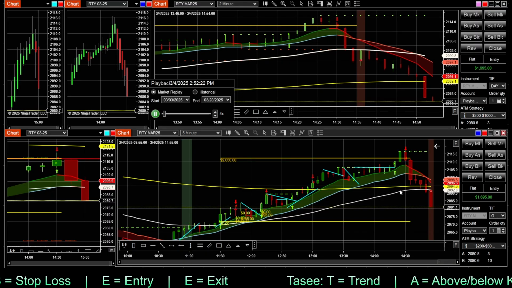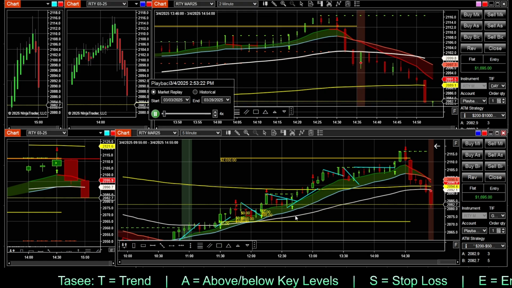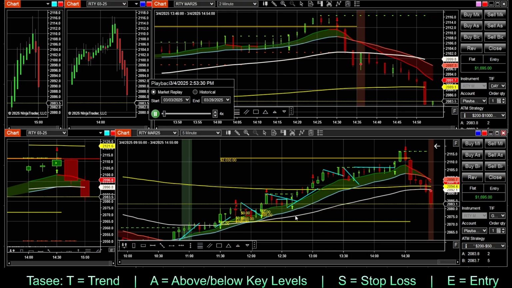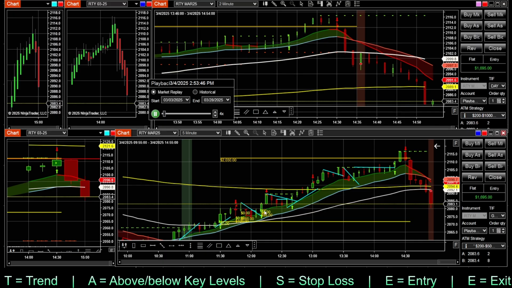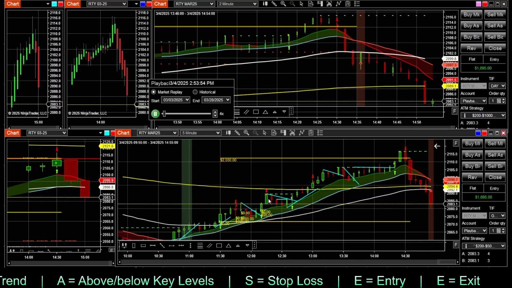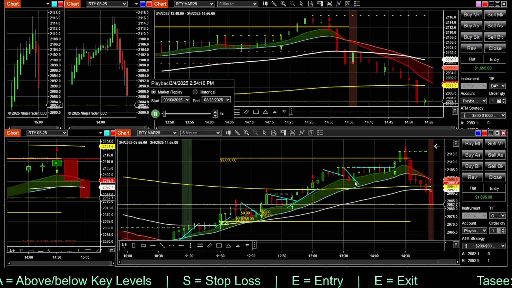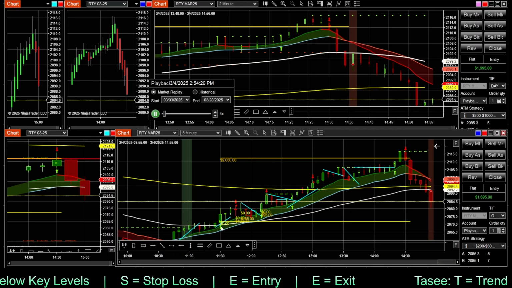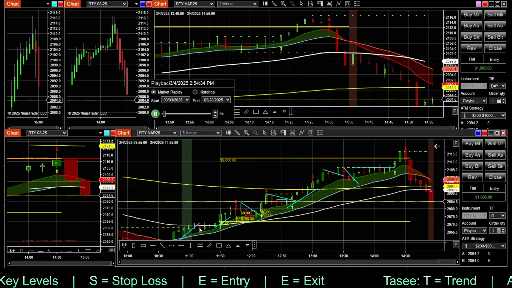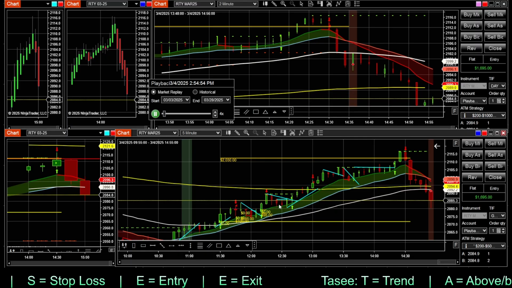So you have to determine, do you want to keep re-entering or do you want to hold? The pros of re-entering is if you came in later than this candle here, you can identify, hey, there's a good entry here, there's a good entry here, there's a good entry here, and so forth, and keep getting back into the trade. But always count the color changes after the crossover. We've got 1, 2, 3.